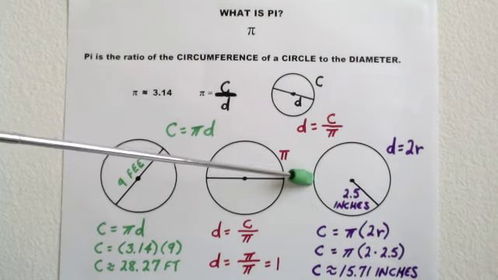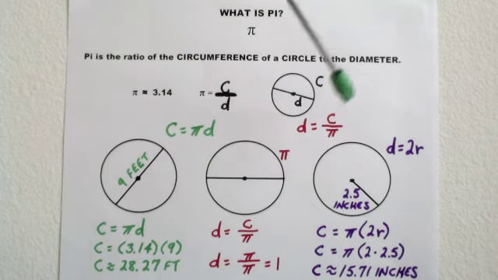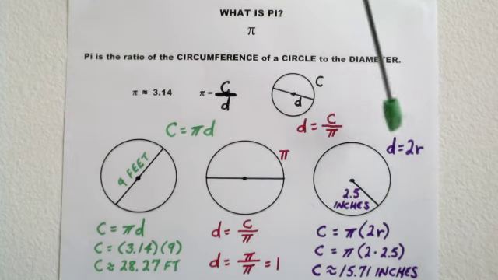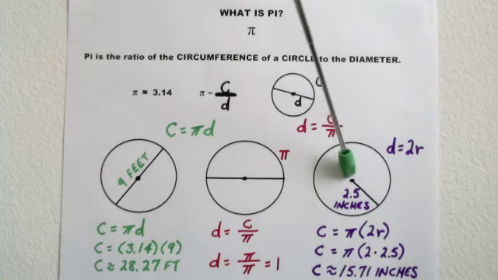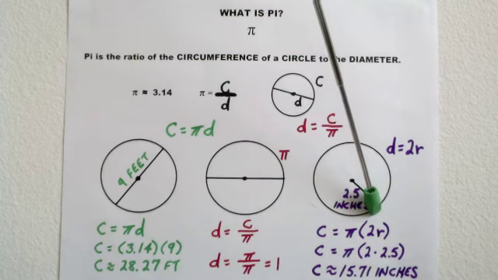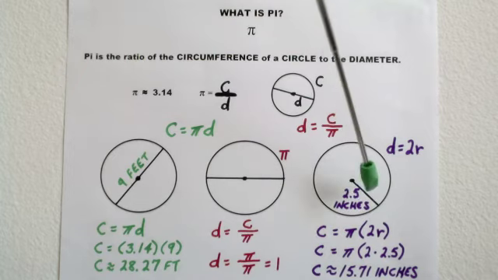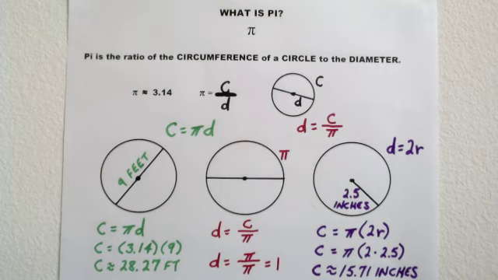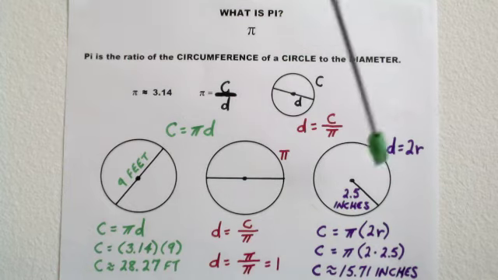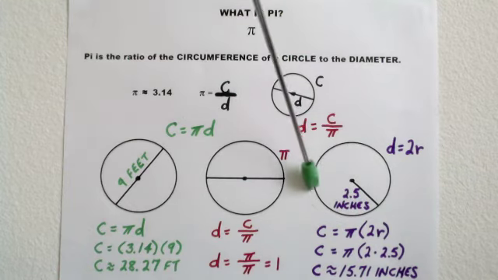Let's look at the last example. We have a radius of 2.5 inches. Now, diameter equals 2 times the radius. So I can multiply this by 2, or add 2 of these together, 2.5 plus 2.5, that equals 5 inches. So the diameter is 5 inches. So I need to figure out the circumference.